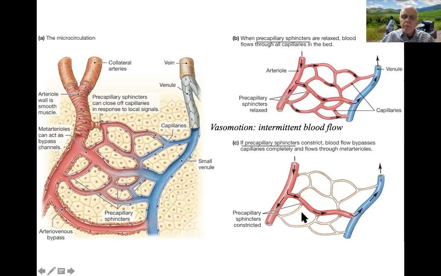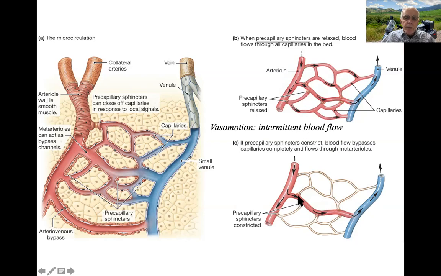Let me go to the bottom figure. If the pre-capillary sphincters constrict, then the blood simply flows through this metarteriole directly from the arteriole to the venous side. It just shunts the blood directly to the veins. And for a moment, there's no blood flowing through these capillaries.